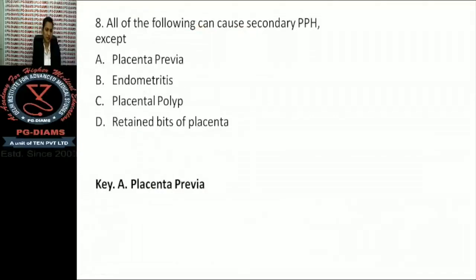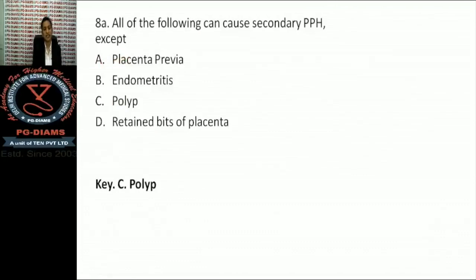Now if the option did not have placental, if there was only polyp, then I would mark polyp, because gynecologic polyp, the endometrial and mucosal polyp, will hardly ever cause secondary PPH. If the question does not mention placental polyp, please mark polyp as the answer, because polyp does not cause secondary PPH, it causes menorrhagia or the gynecologic bleeding, intermenstrual bleeding.